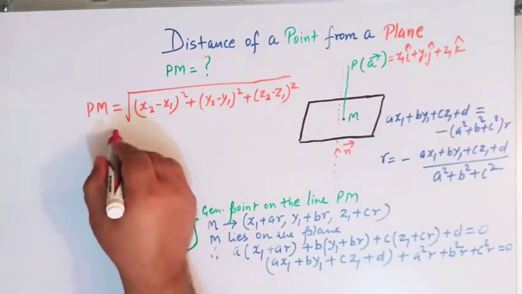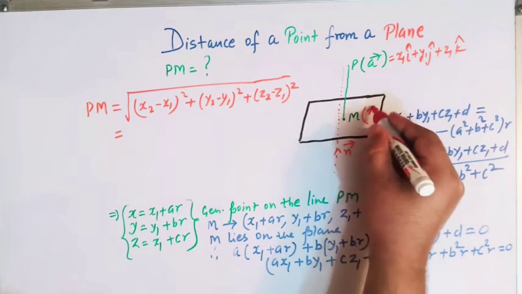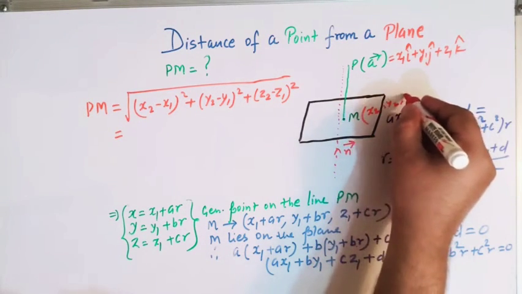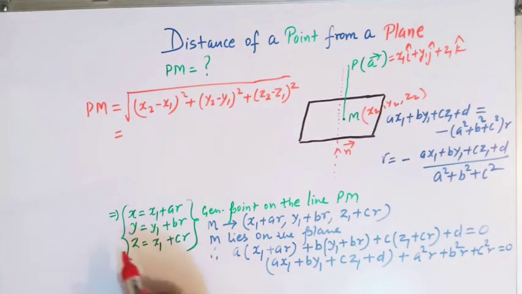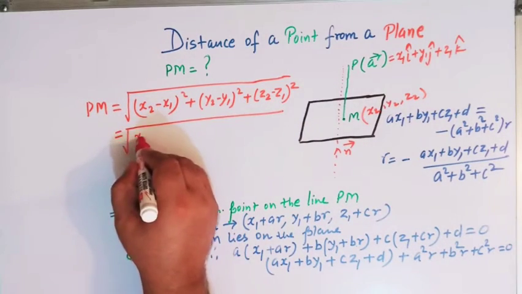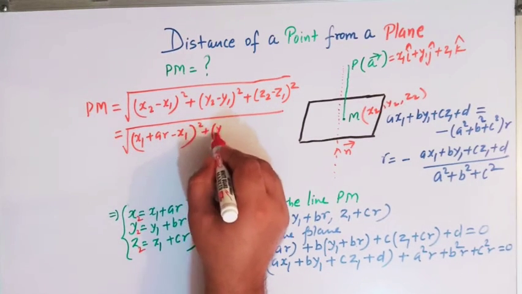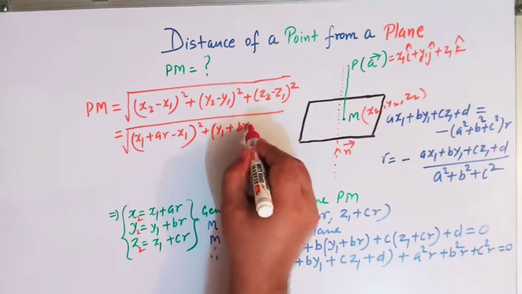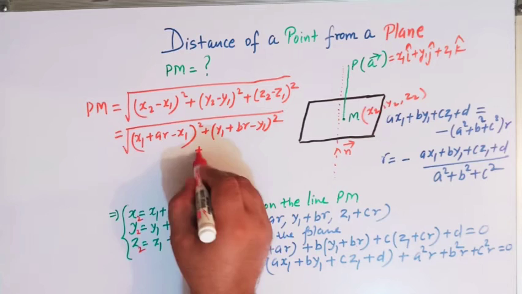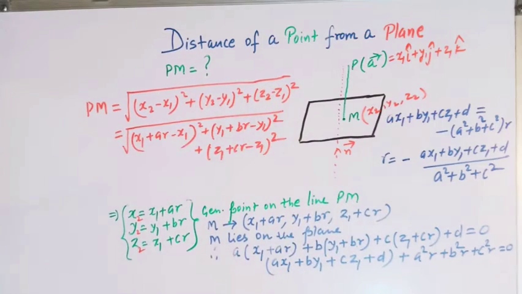Here this is point x1, y1, z1, and this is point x2, y2, z2, which are given by this point M. So x2 is x1 + ar, and so on.